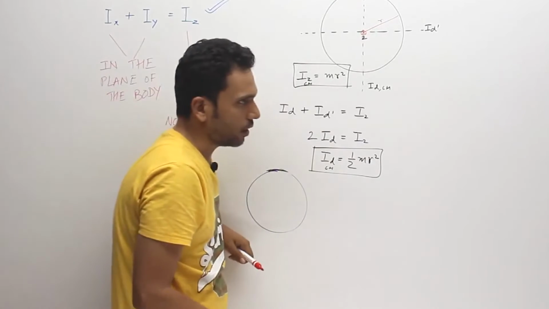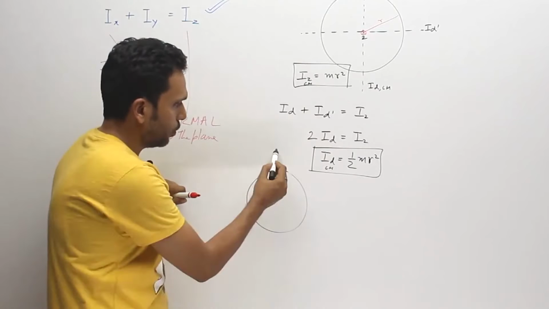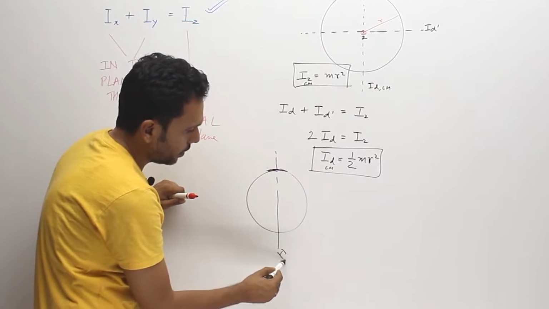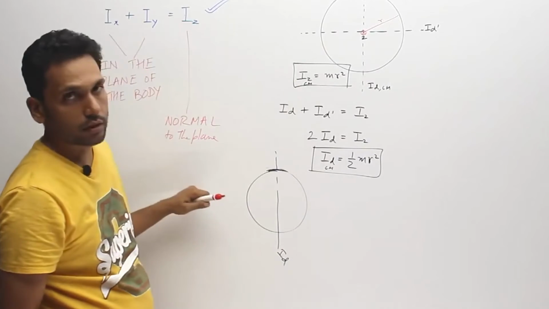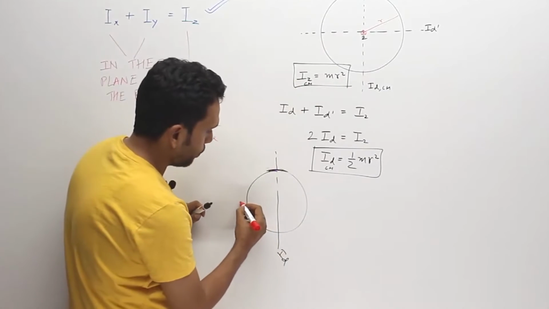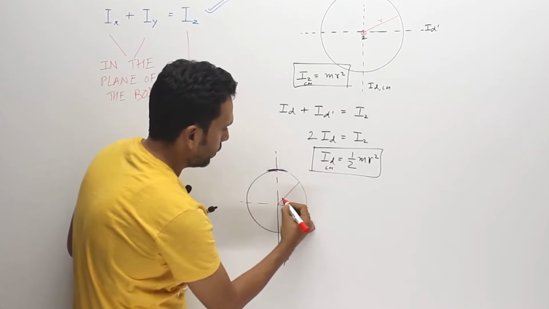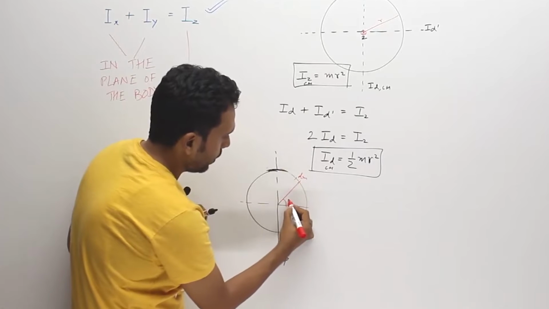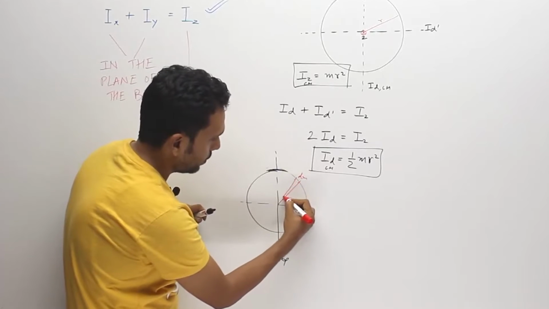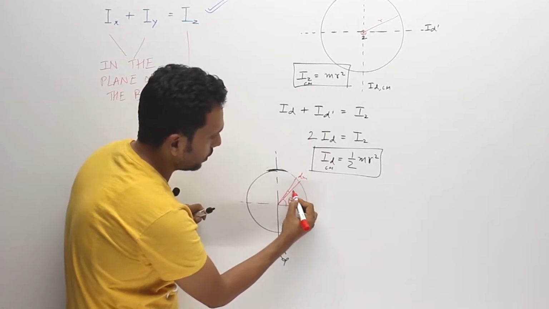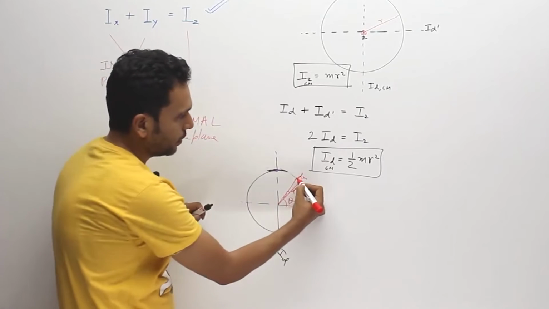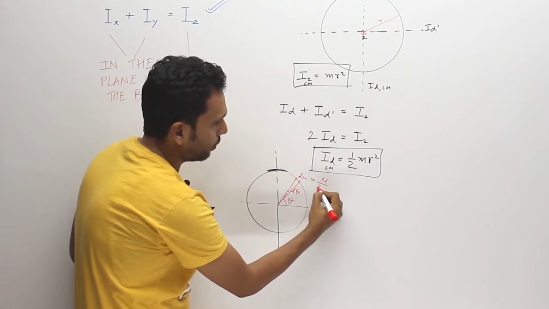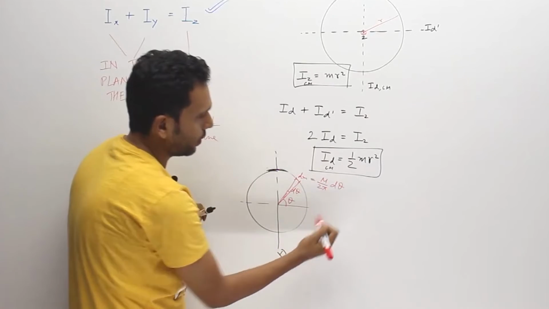I'll just wait for a minute and hope you do it. What I'm asking you to do is get your I_D without the perpendicular axis theorem. So, okay, I hope you have got it. Take an elementary mass dm at an angle theta. The span of the elementary mass is d theta. Hence, the value of the elementary mass will be M divided by 2 pi into d theta.